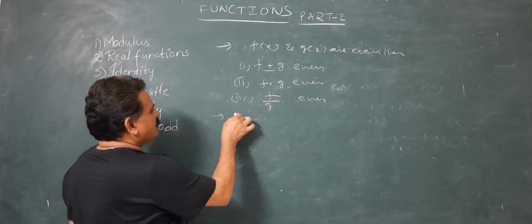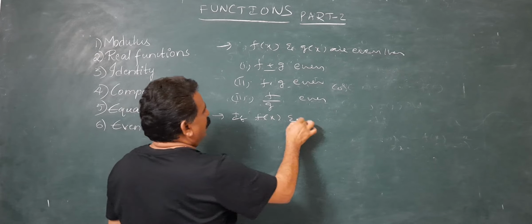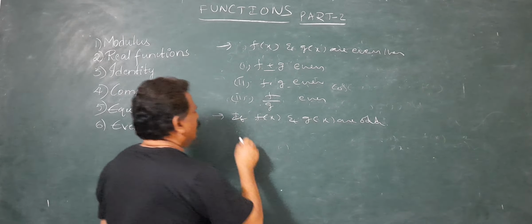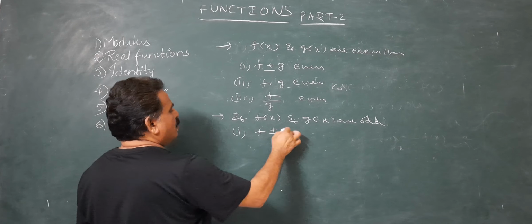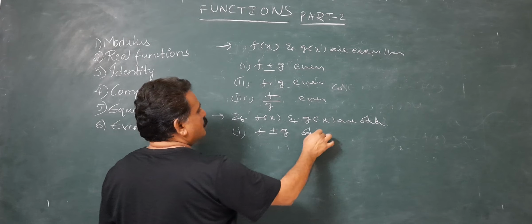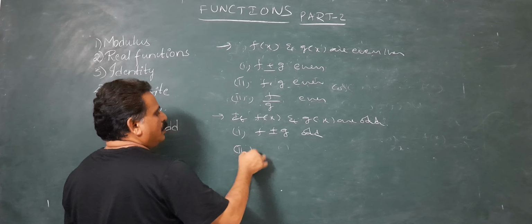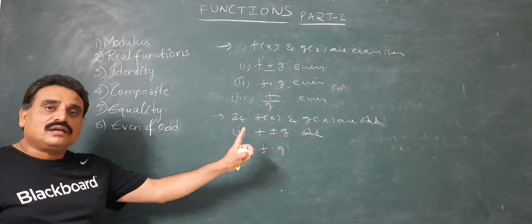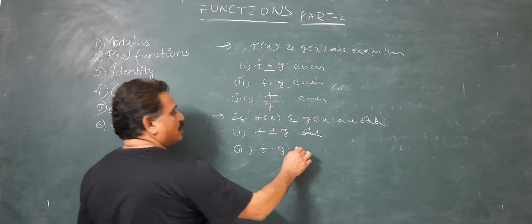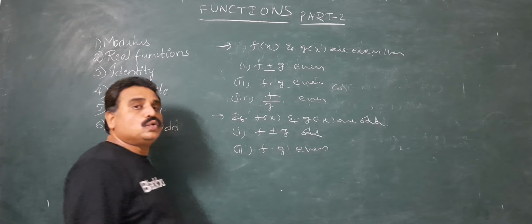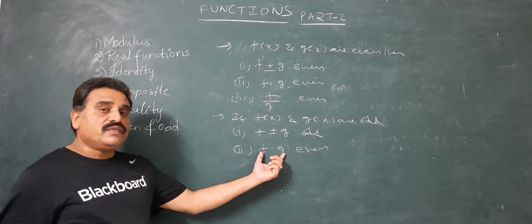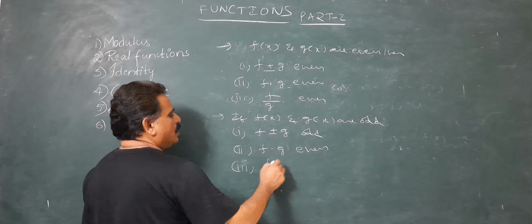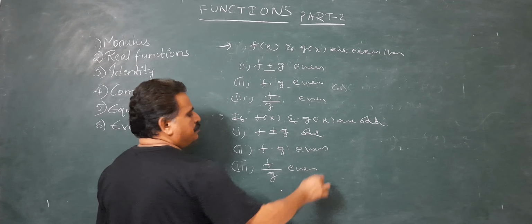If f of x and g of x are odd functions, then first, f plus or minus g is also an odd function. Second, f into g is not an odd function, it is an even function. The product of two odd functions is an even function. The quotient of two odd functions is an even function.